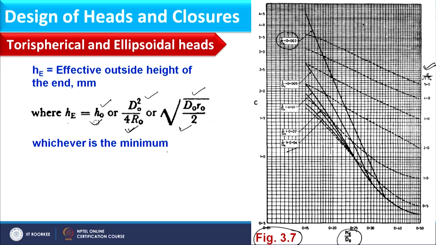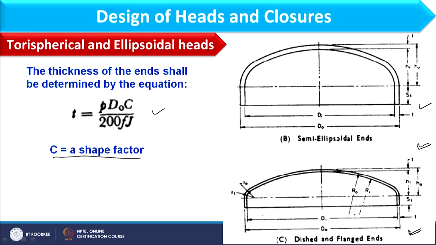Now, why are we taking the minimum among these three as He? Because if you see the diagram, if you focus on this particular slide, He is basically this height. He is basically this H naught, that is the effective height. So, if I am having a more value of He, it means it has more curved part and it will include higher manufacturing cost.